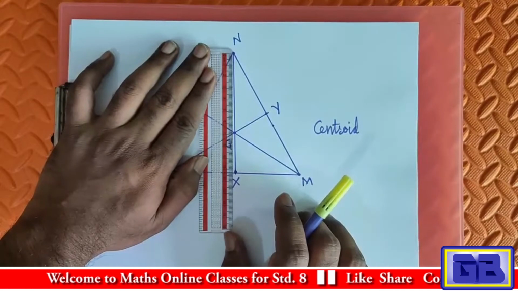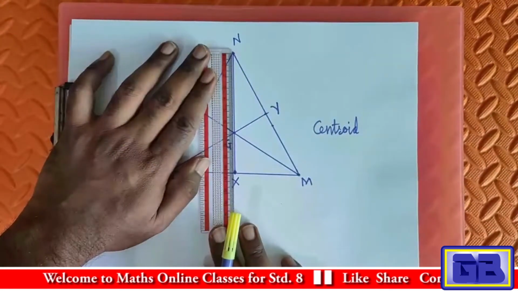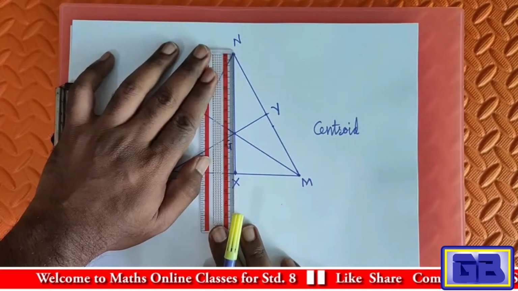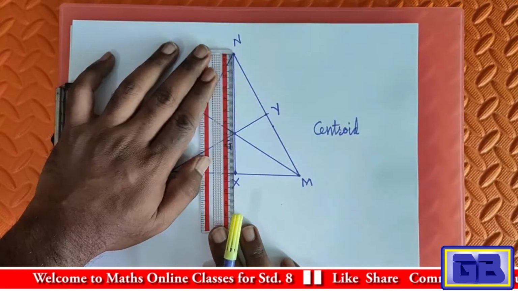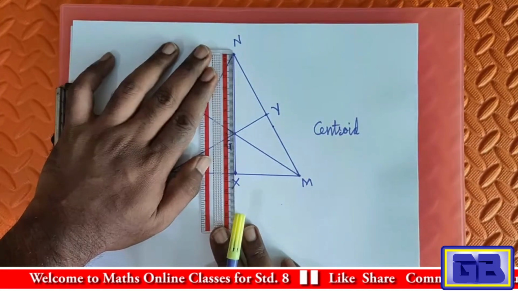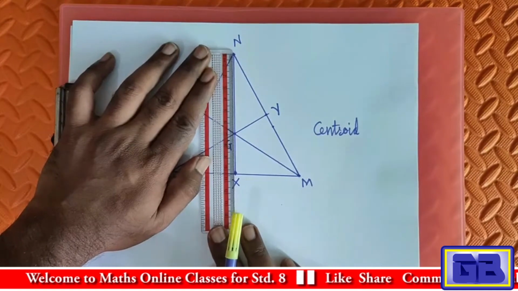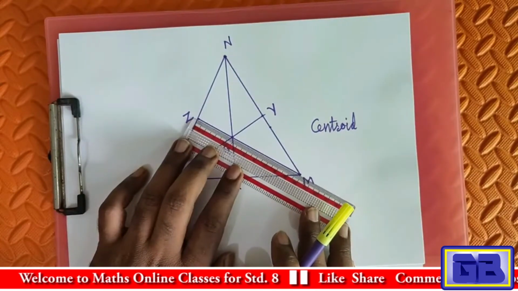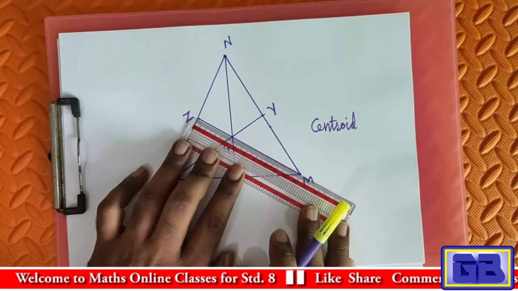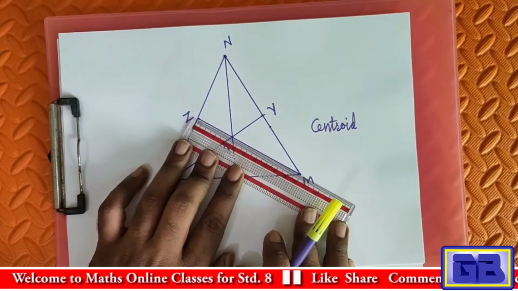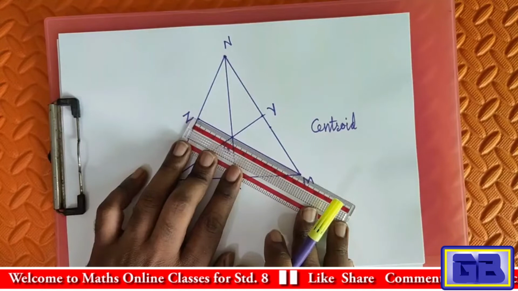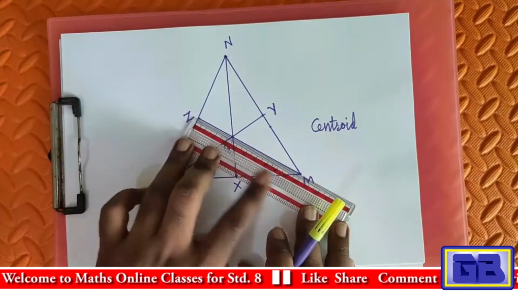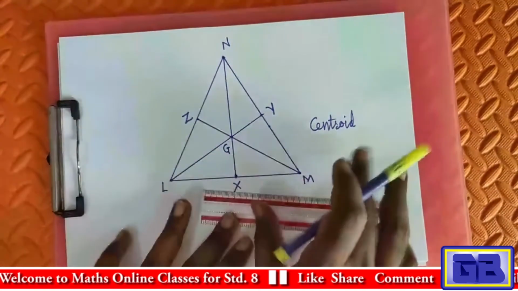What you will do now? Keep your scale again on this median NX and measure this segment, how many centimeters. Then you will keep it on another median and measure this segment MZ.